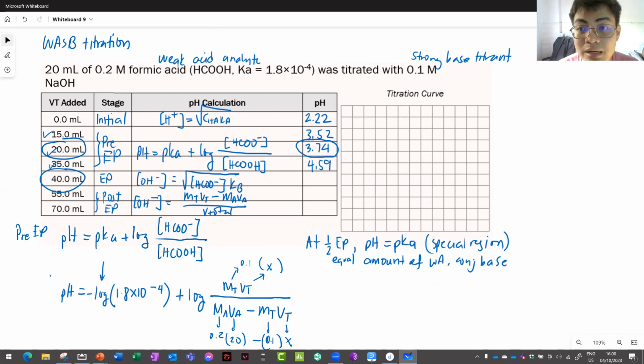And ito yung nasa pre-lab nyo dati. Okay? So ganun siya ka-special. Okay, so I'll proceed with the 40 ml na. So let's proceed dito sa equivalence point. So let me share the screen again.